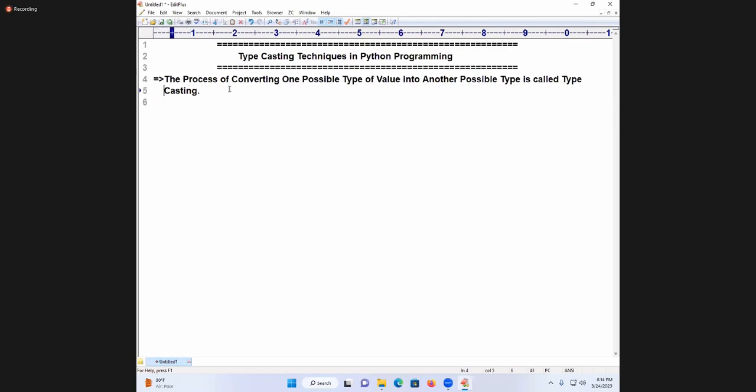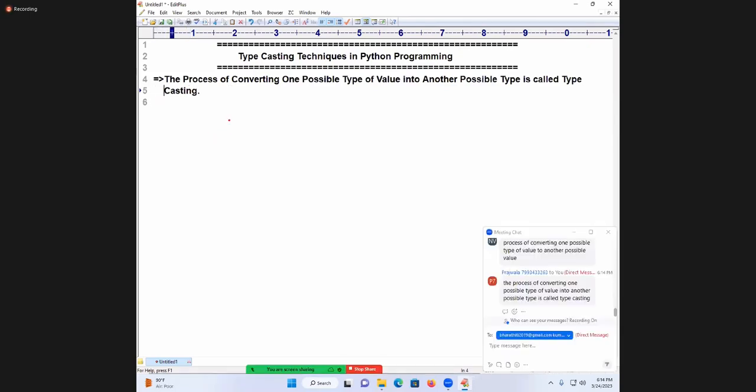Good. Now if I take an example, students, 10.75, what is the type? Float. That I want to convert into 10. What is this 10? Integer. So converting which value to which value? Float value converted into int value. This is known as typecasting. Suppose 10, what is the type of 10?